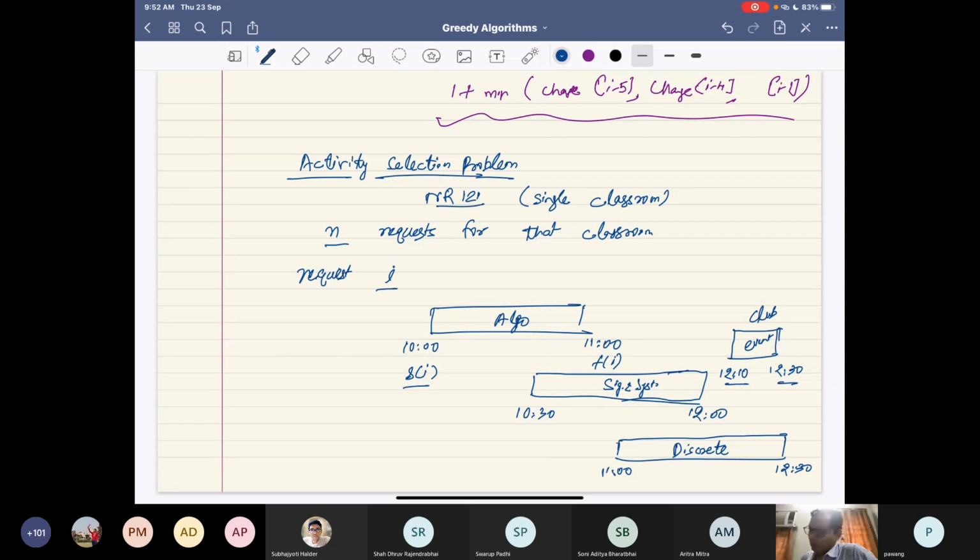Now you need to think of an optimization problem. What is something you want to optimize? You can define multiple types of optimization problem. Let me define one: allow as many activities as possible.